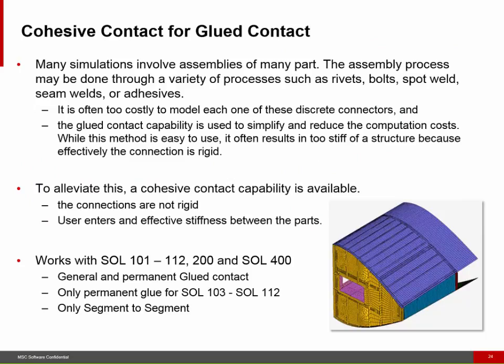Next in solution 400 is support for cohesive contacts for the glued contact capabilities. So in many products like airplanes, cars and so on, we want to assemble more and more different parts together, and the assembly process can be done through different connector methods like rivets, bolts, different types of welds or adhesives.